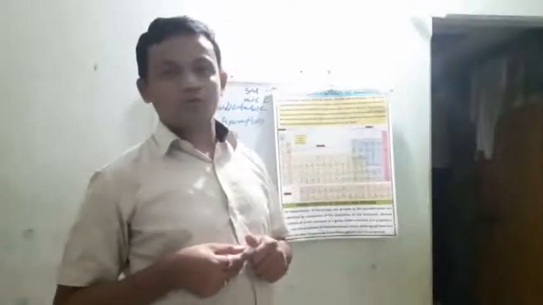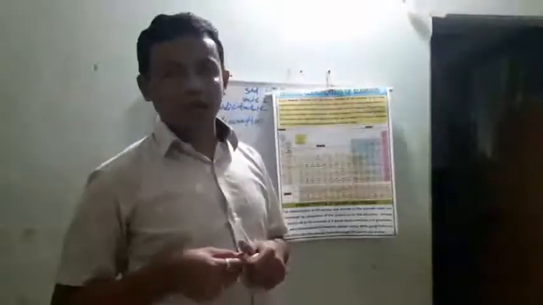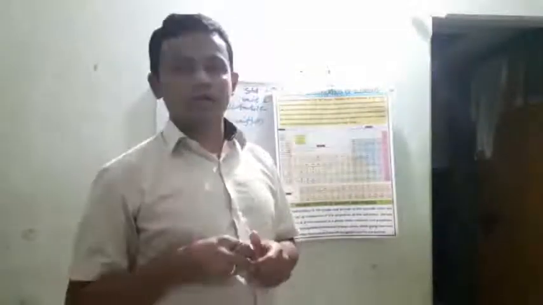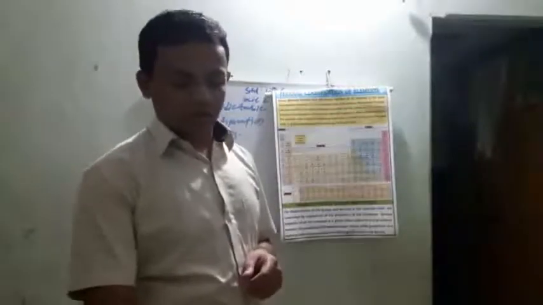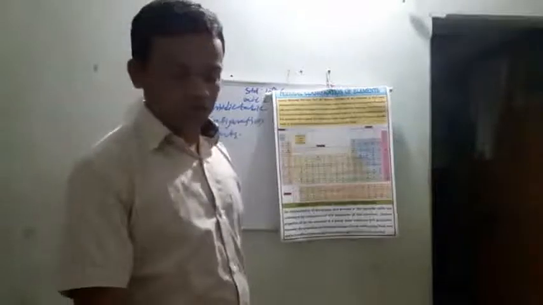So the characteristics of the groups and periods in the modern periodic table are due to the electronic configuration of the elements. The electronic configuration of an element decides the group and the period in which that element is to be placed.